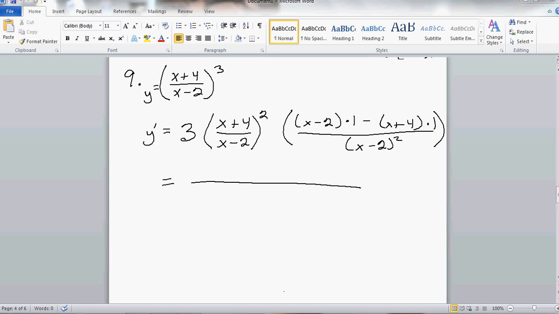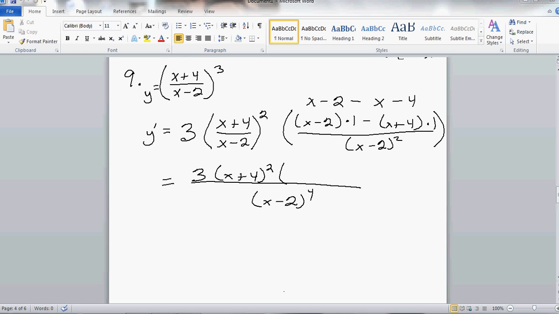In the denominator, x minus 2 is squared also, so x minus 2 squared times x minus 2 squared will be x minus 2, the quantity, raised to the 4th power. We will have a 3 on the top. We will have x plus 4 squared, and we will have this simplified out, which will be, let's do the simplification up here, x minus 2 minus x minus 4, because I need to distribute this negative.